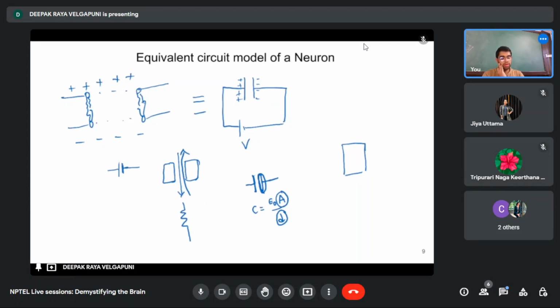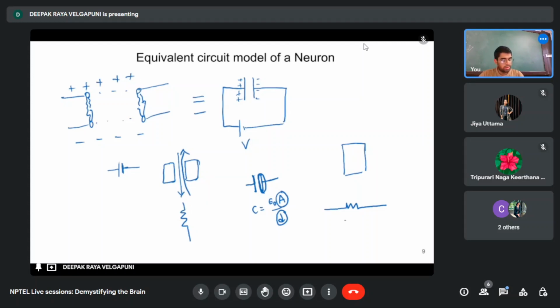Let's say you have a resistor or some conducting wire, and if the length increases, the resistance also increases. The analogy is that the current has to travel past more obstructions when the length increases.